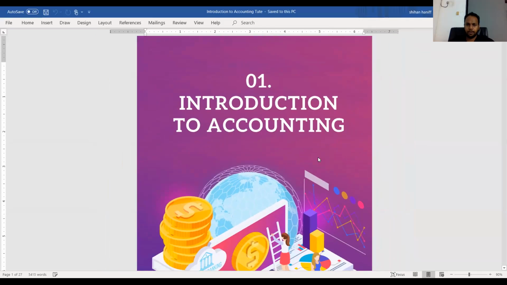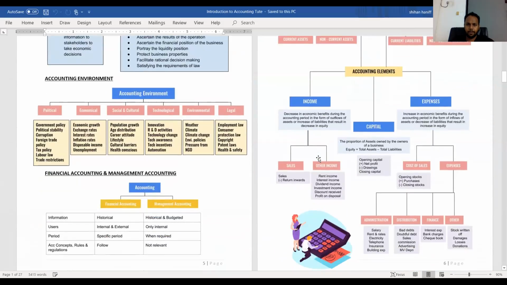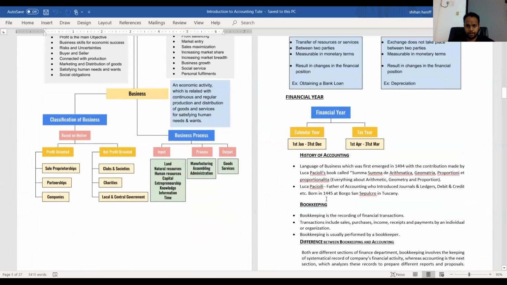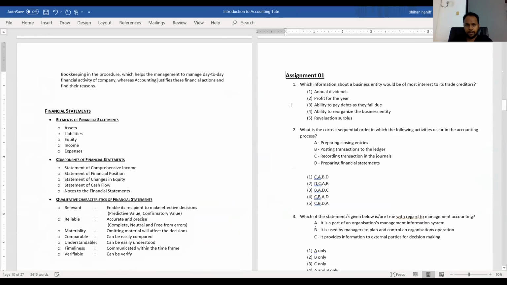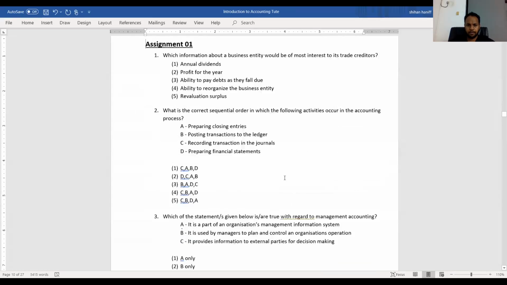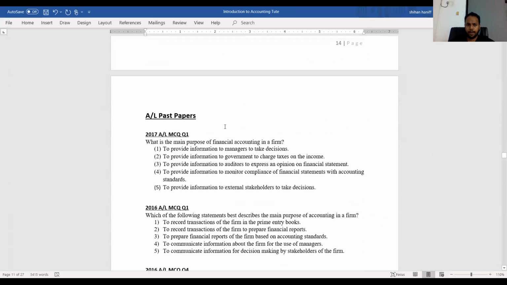In the tube, all the mind maps will be provided. I did up to this part, up to the financial accounting and management accounting part. Then you will have some assignments related to A level. I will share this tube.